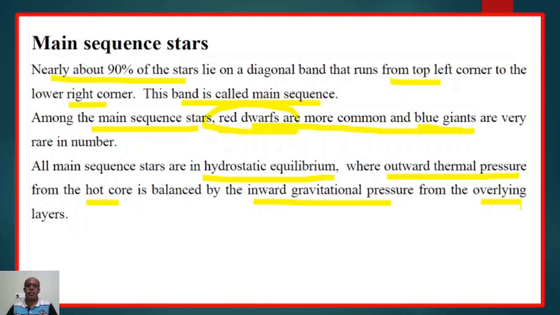When this condition is satisfied, the stars are said to be in hydrostatic equilibrium. And all the stars in the main sequence are said to obey this condition. The outward thermal pressure due to the hot core will be balanced by the inward gravitational pressure due to the outer layers of the star.